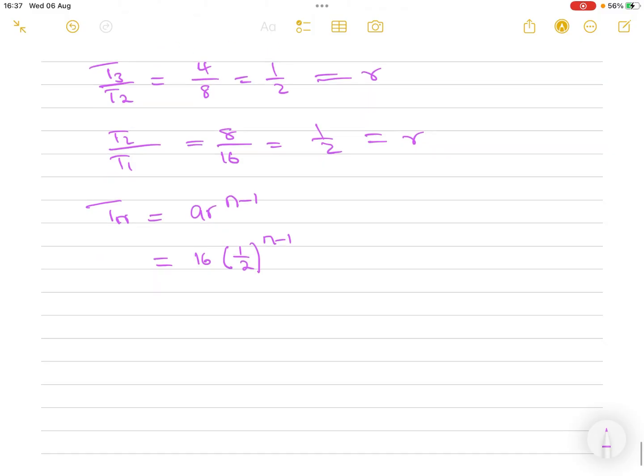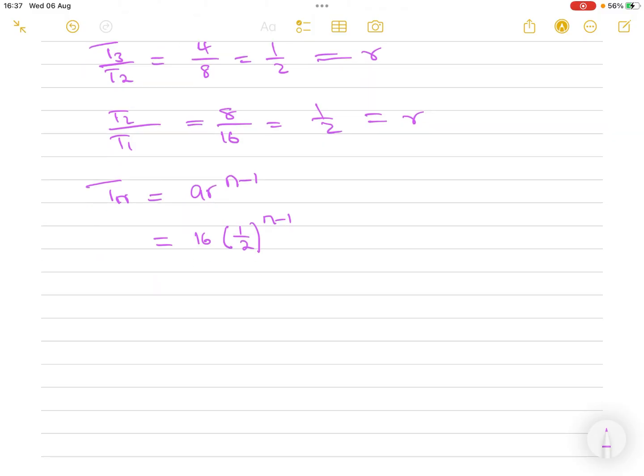Are we done? I'm not happy with this one. Can we continue? Yes, we can. We can rewrite 16 as 2 to the power of what? Of 4. And we can rewrite half as 2 to the power of minus 1 into n minus 1.